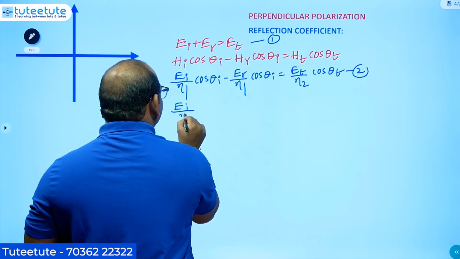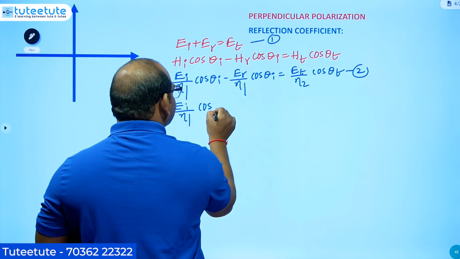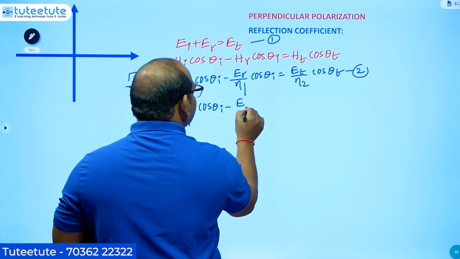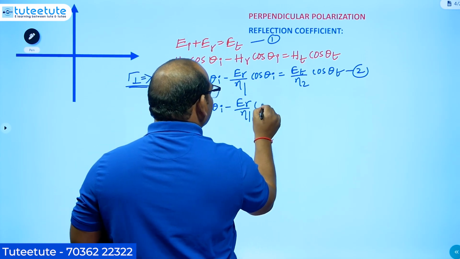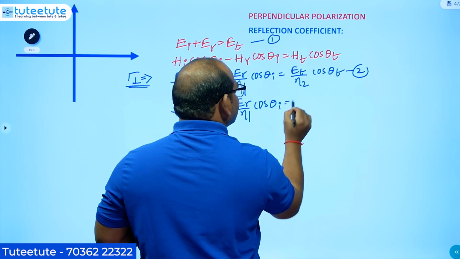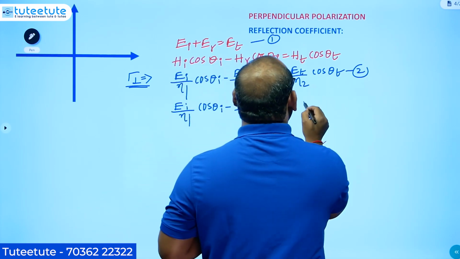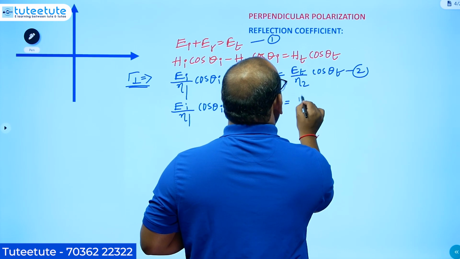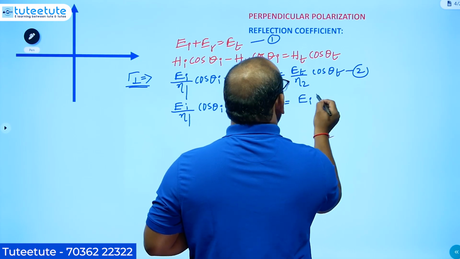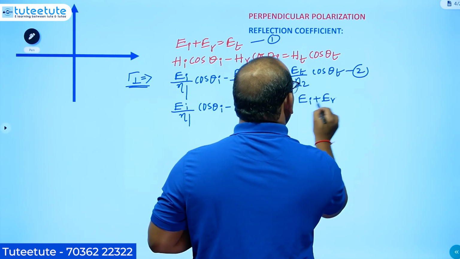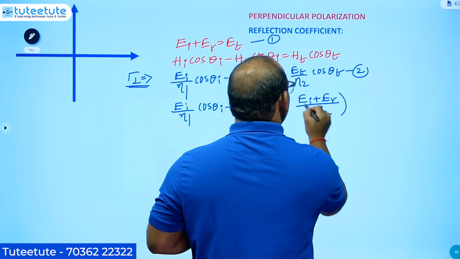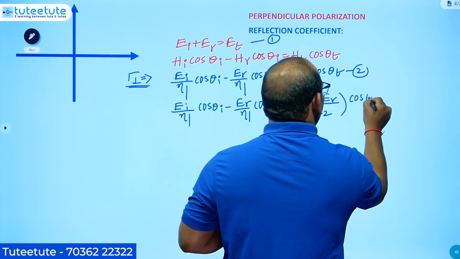EI by eta 1 cos theta I minus ER by eta 1 cos theta I is equal to, ET meaning EI plus ER, by eta 2, multiplied with cos theta T.